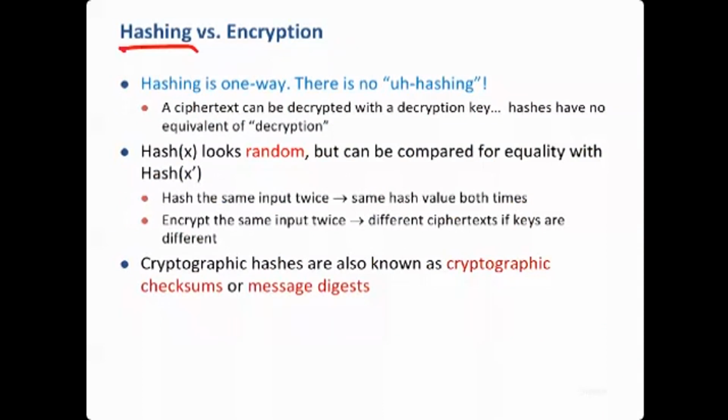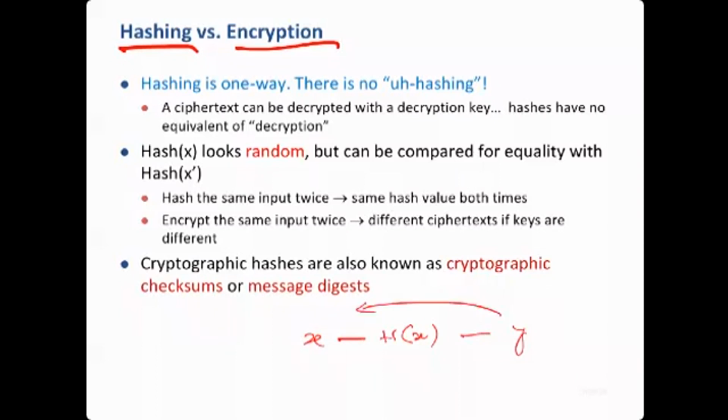Hashing versus encryption, what is the difference between the two? Hashing is just a one-way function, while encryption can have a unique decryption. From a given value of x, you do h of x, you get y.